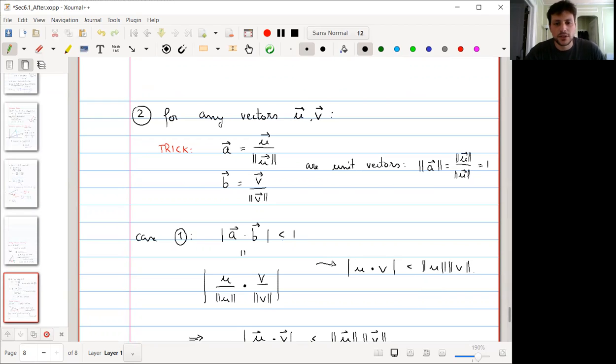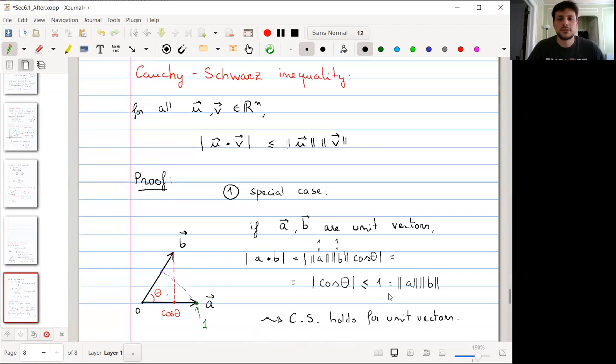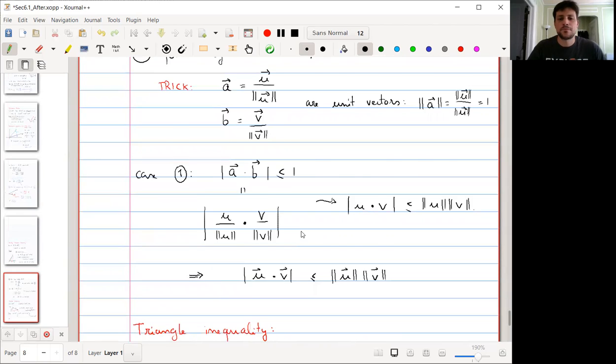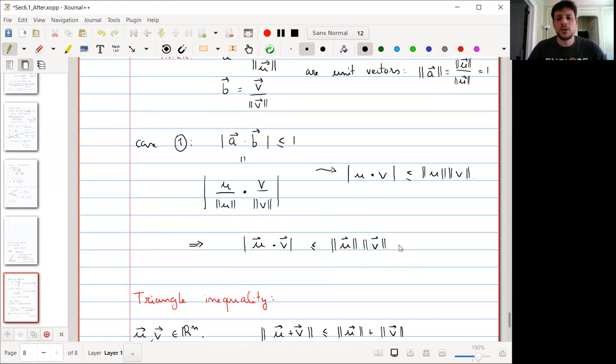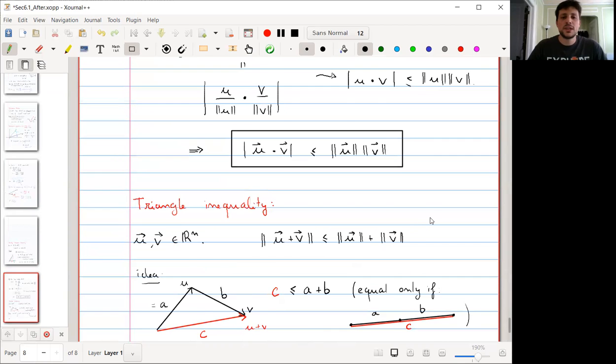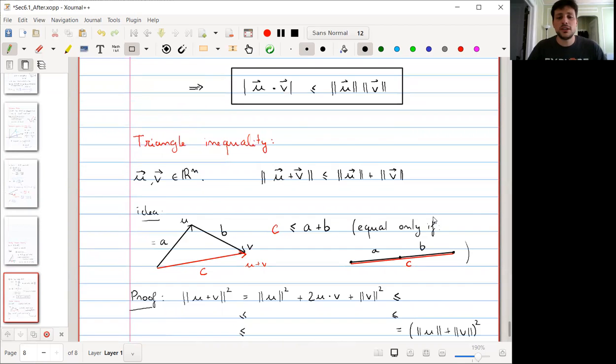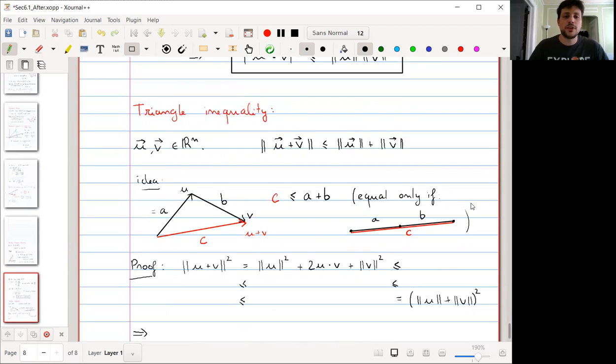And sorry, this should be a less than or equal to. Okay, so this tells us exactly that Cauchy-Schwarz holds for general vectors. There we go.